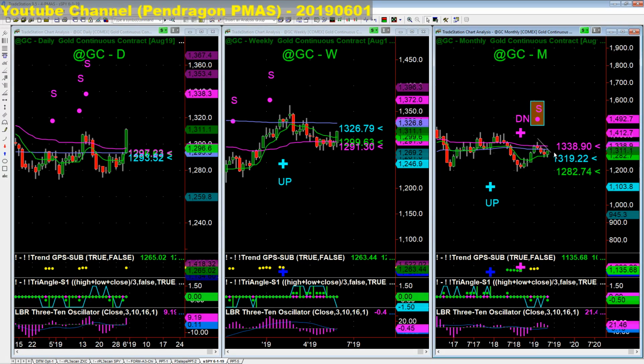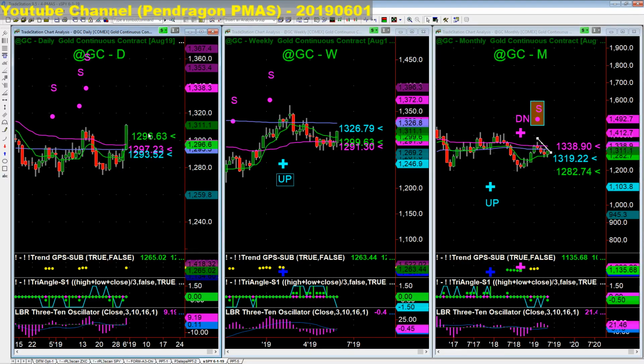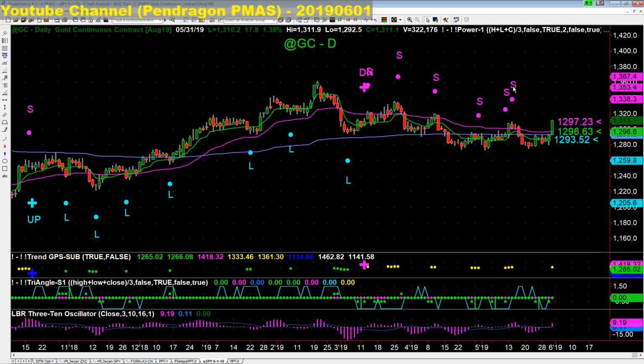Now, on the weekly chart, it's still an uptrend. Even though it's been getting weaker and weaker, it's suffering on the pink line. We'll get to that later. So right now we have a conflicting thing here, but this is only an uptrend indicator. Now on the daily chart, it's down.